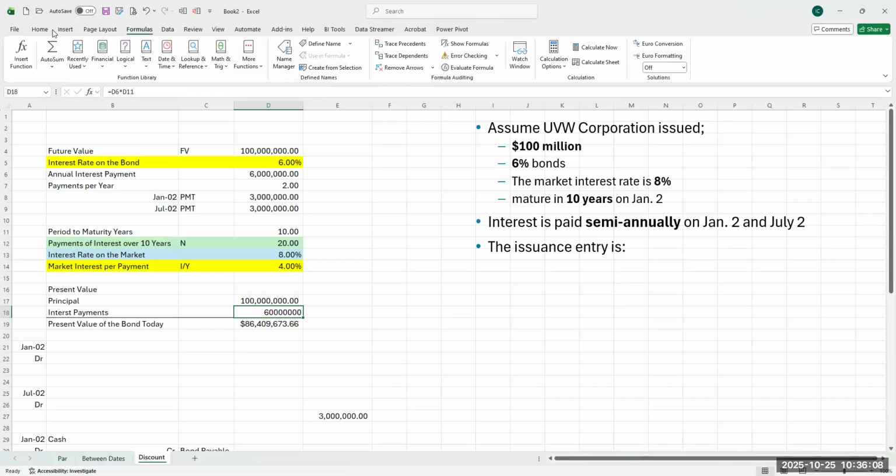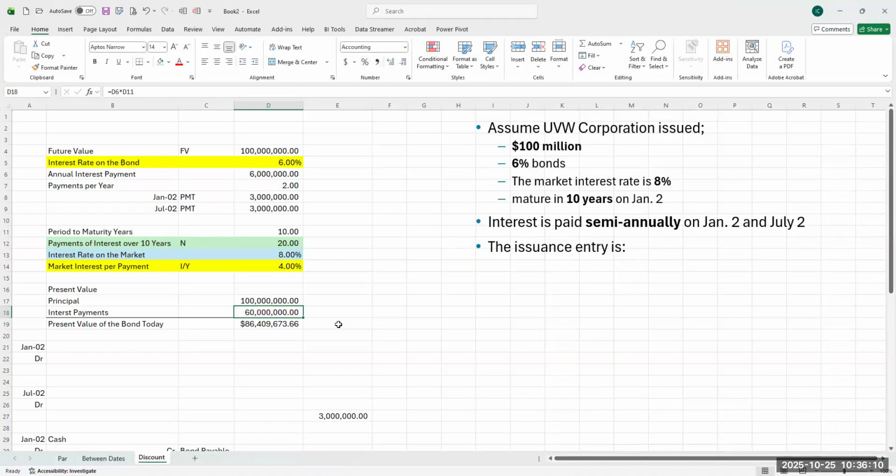The present value of those two, today, at an effective interest rate of 8% per year, is $86,409,643. And this is the amount of cash that we're going to receive on the day when we issue the bonds.